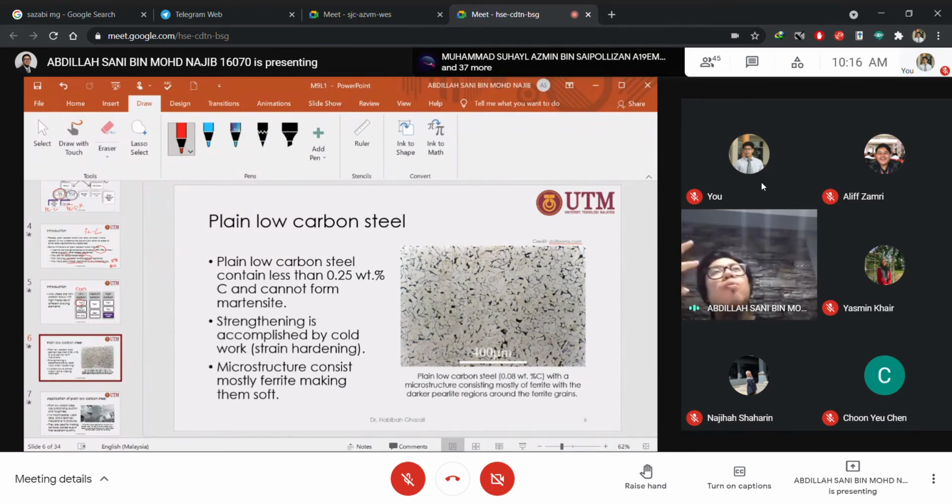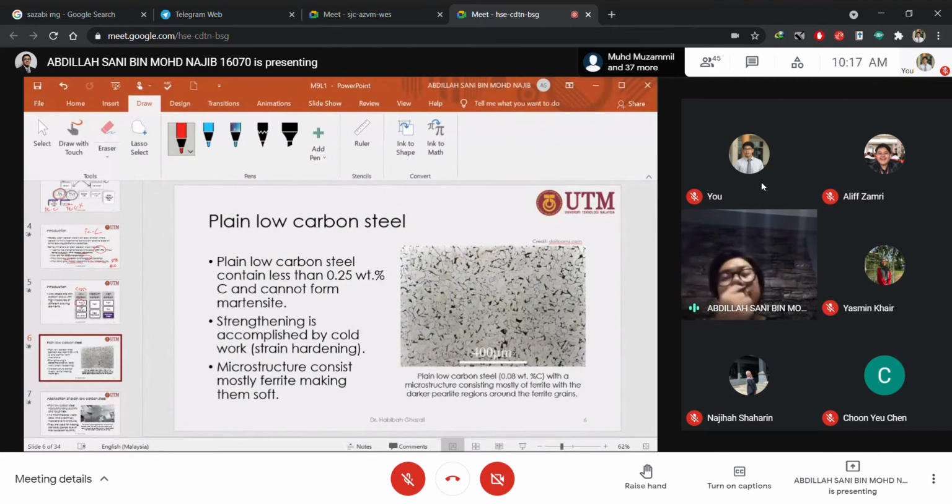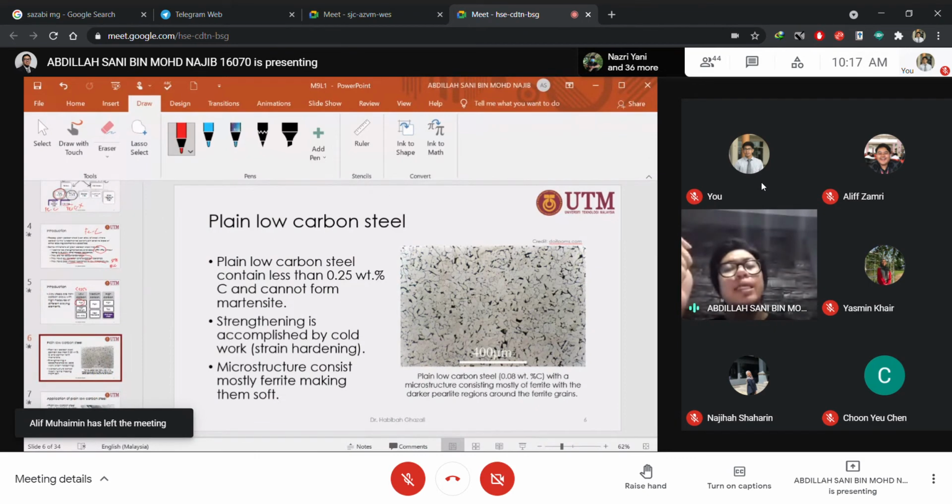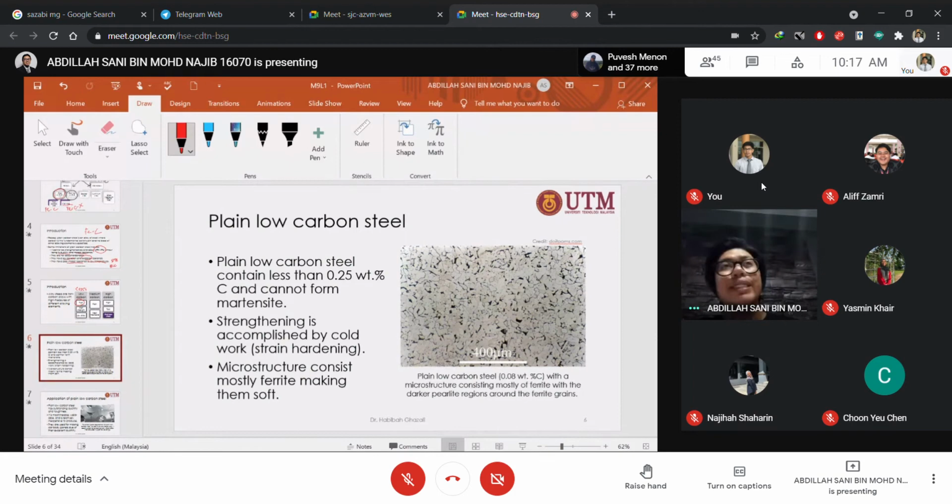When we remove the heat source and it cools down, the temperature drops and goes beyond the eutectoid temperature. From the FCC, it will try to change to BCC, but due to rapid cooling, the carbon does not have the opportunity to diffuse out.